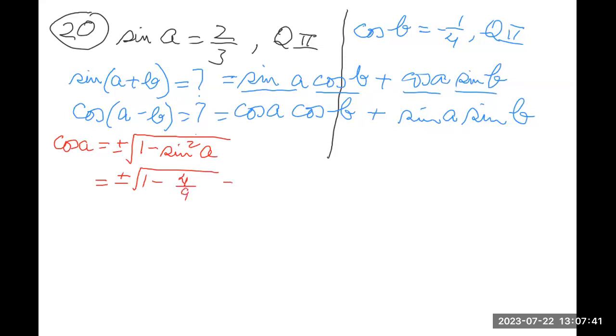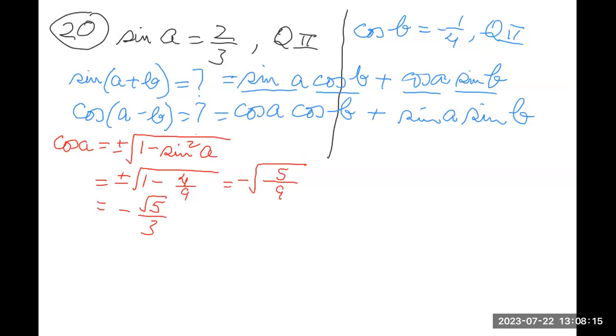Moreover, A is a second quadrant angle where the cosine function is negative. So we keep the negative sign, discard the positive. 1 minus 4/9, using a common denominator of 9, is 5/9. Then you can take the square root of 9 and bring it outside. So cosine A is negative root 5 over 3.